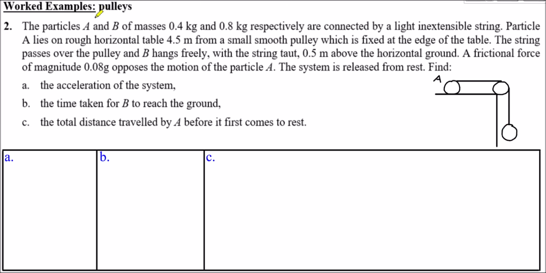Okay, so A has mass 0.4 kilograms. So let's label this in straight away. If A has mass 0.4 kilograms, then its weight is 0.4 g, whereas B, we're told, has mass 0.8 kilograms.